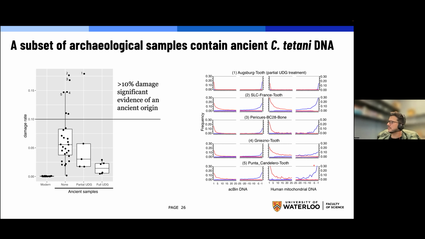One of the interesting things is that not only do we observe human associated damage here as well, but we tend to see that the level of damage is higher for human mitochondrial DNA than for the C. tetani DNA, which may suggest that potentially the C. tetani DNA is less ancient, less damaged than the mitochondrial, or it might simply mean that the rates of damage differ depending on whether you're looking at a spore-forming microorganism versus a human mitochondrion.